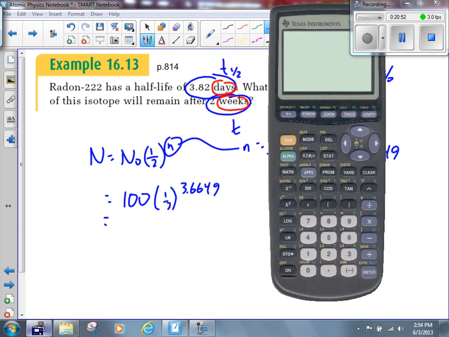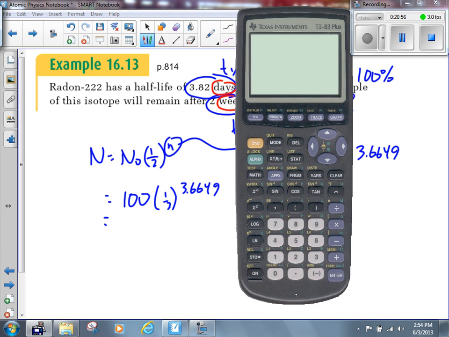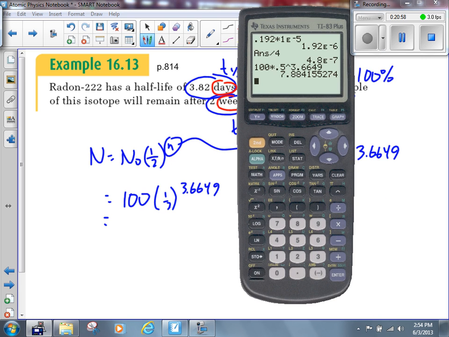I'm going to bring up the calculator here and make sure that you guys can follow along with this and get it correct. Let's say 100 times 0.5. Careful here, it's not 0.5 times 10 to the 3.6. It's not scientific notation. It's 0.5 to the 3.66. 7.88%.